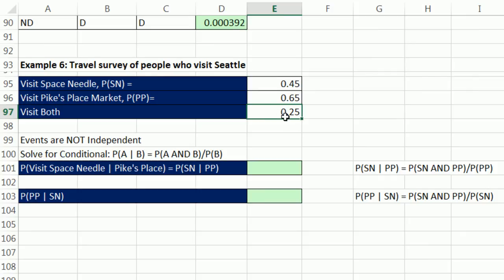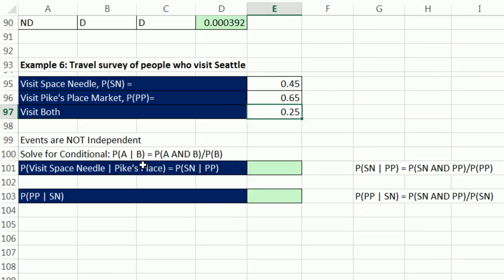So that's our and. These are our 2 individual probabilities. But now we're going to ask the question, what's the probability that we visit the Space Needle given that we've already visited Pike's Place Market? This is a conditional probability. And guess what? Our multiplication rule was rearranged so that we have conditional equals and divided by the actual B probability.